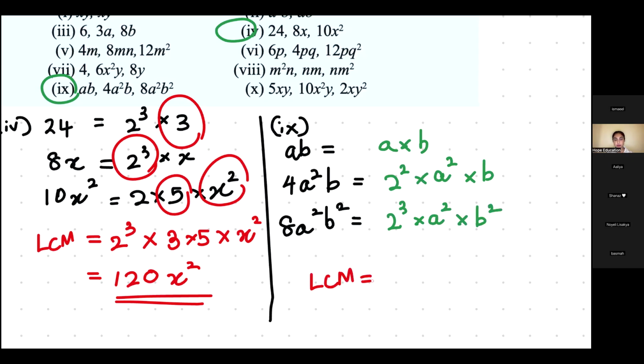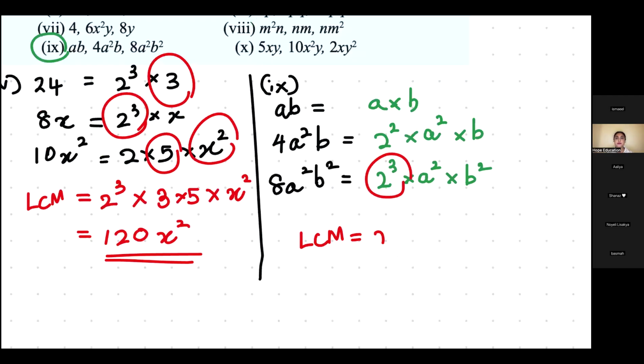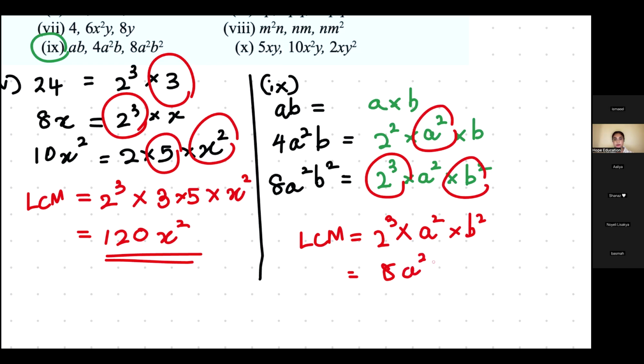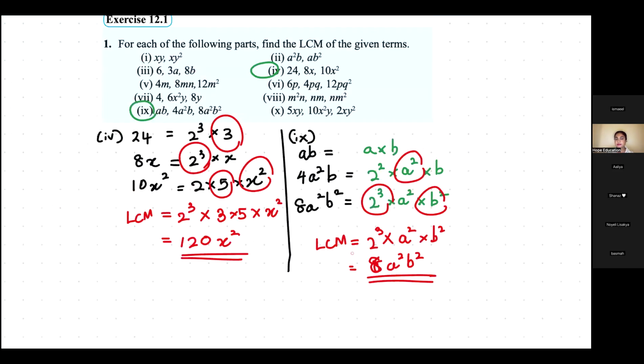The highest power of 2 is 2 to the power 3. We don't have other numbers, just letters. The highest factor of a is a to the power 2. The highest factor of b is b to the power 2. 2 times 2 times 2 is 8. So 8a squared b squared. Did you all get this answer? Yes. All right.